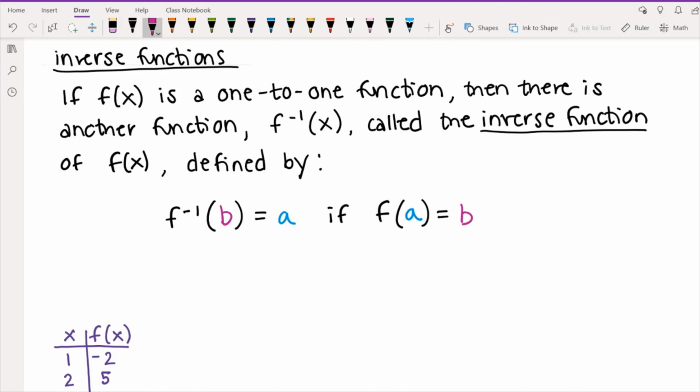Basically, the inverse function goes backwards from f of x. If you plug a specific number into your original function and you get some certain output, the inverse function is going to reverse that. So if you plug the output of the original function into the inverse function, you get the corresponding input. So it just goes backwards.